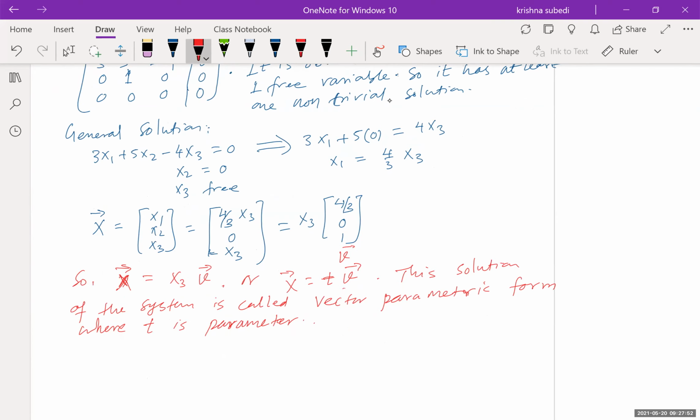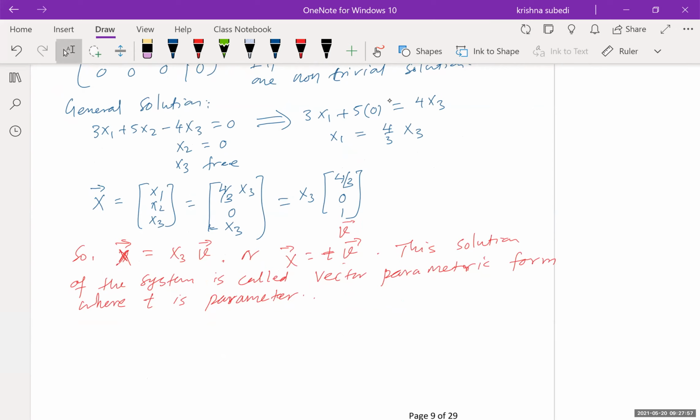All right, that's it. Now if you want to look at the trivial solution, we are done kind of, but let us observe what is going on here. Suppose I want to find the trivial solution, what should I do? What is the value of x3?